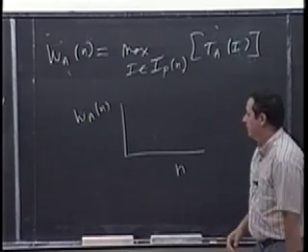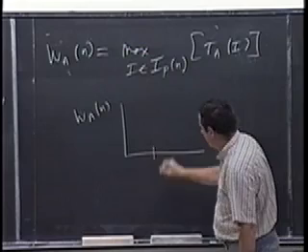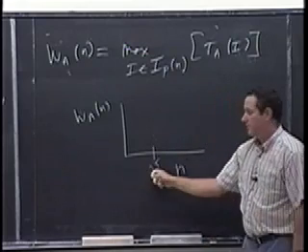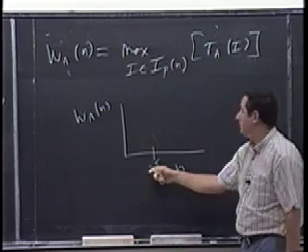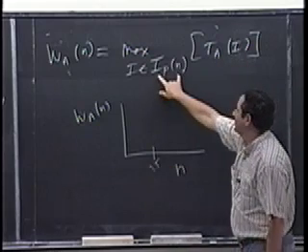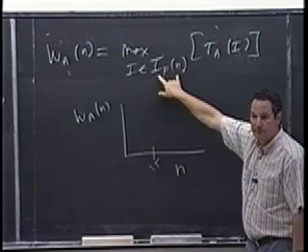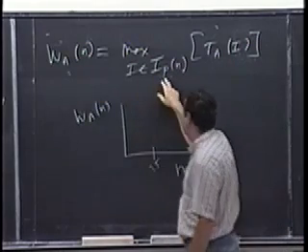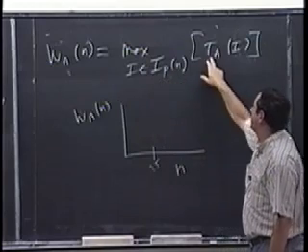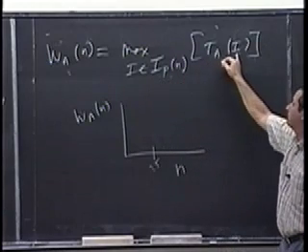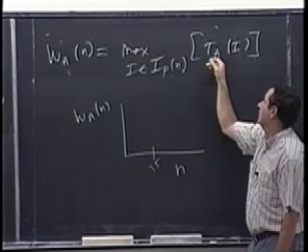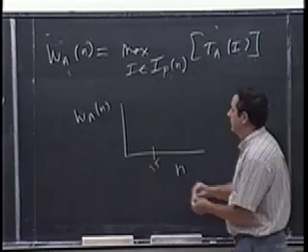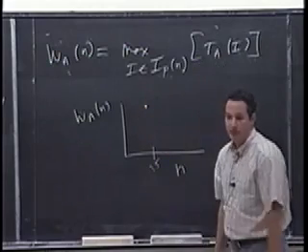And what we're saying is for any particular size n, let's say 25, we're thinking of all of the possible inputs of size 25 that could be given to algorithm A for solving problem P. And what's the maximum over all those possible inputs, the I contained in here? What's the maximum number of primitive operations that that algorithm takes? And then we plot that.